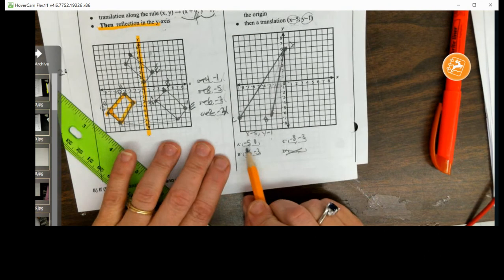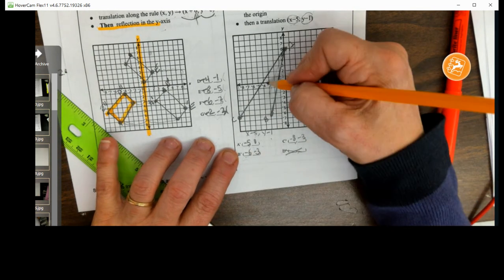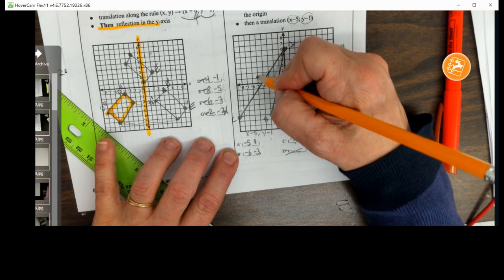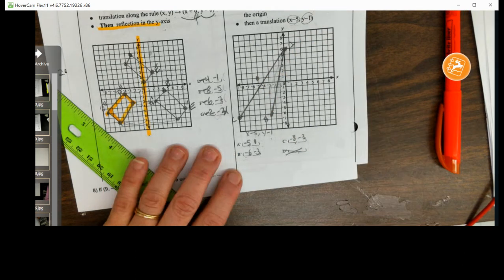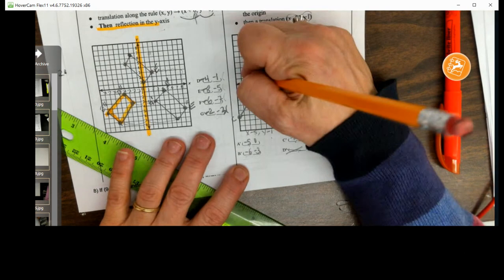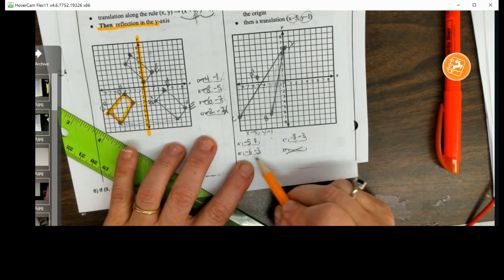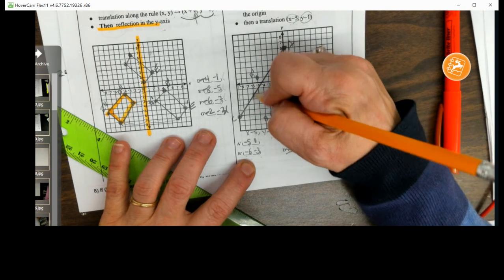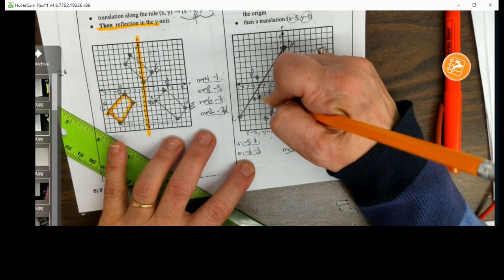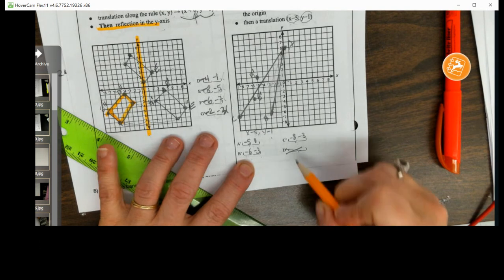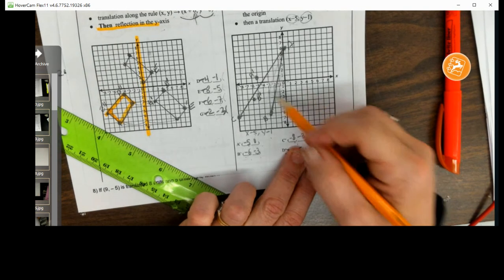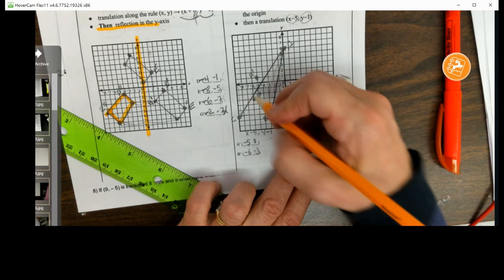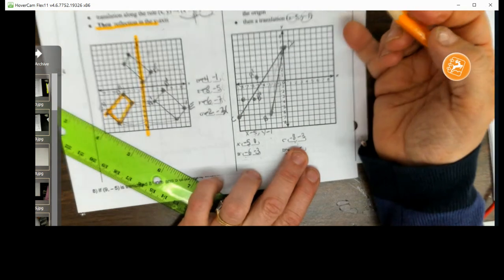So now I'm going to take my points, negative 5, 1, and any way you could do it, you have the freedom to do it any way you want. This is A prime. B prime is negative 6, negative 3. And C prime is negative 8, negative 3. Okay?